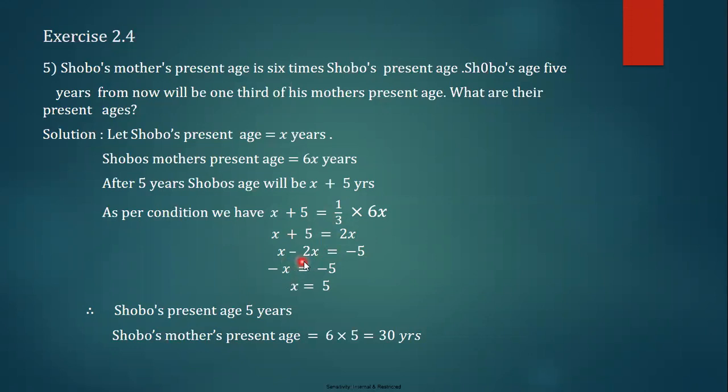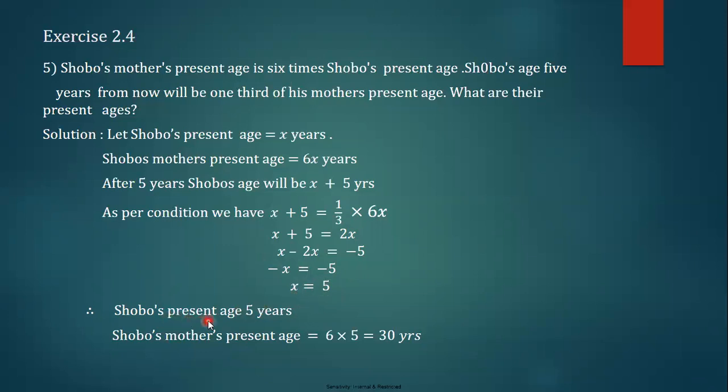Now x minus 2x gives minus x, and minus 5 stays on the right hand side. So minus x is equal to minus 5. The minus signs cancel, and you get the x value as 5.